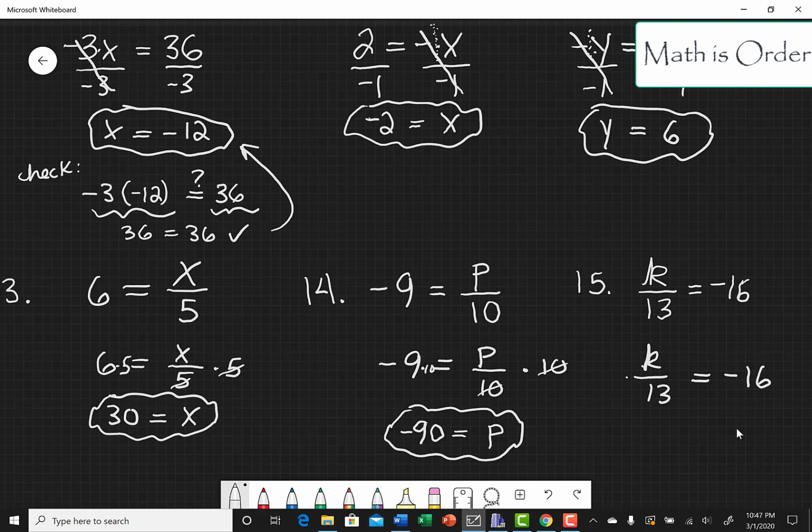So I'm going to multiply 13 here on the left side, and I'm going to multiply 13 here. And I don't mean to make it so small. It's just I didn't give myself enough space here between the equal sign. So anyway, this 13 on the bottom cancels 13 on the top, leaving us just k, or k times 1, which is k. And now 13 times -16 is going to give us -208.